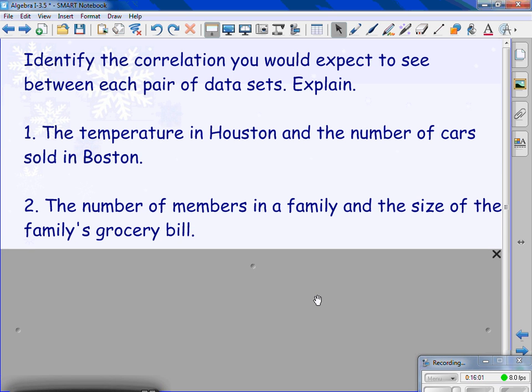How about the number of members in a family and the size of the family's grocery bill? Is that going to be a positive correlation or a negative correlation? Is it going to go up or is it going to go down? Up. It's going to go up, so it's a positive correlation. The more family members, the more the grocery bill is going to be. It's not the more people in your house, the less groceries you're going to buy.